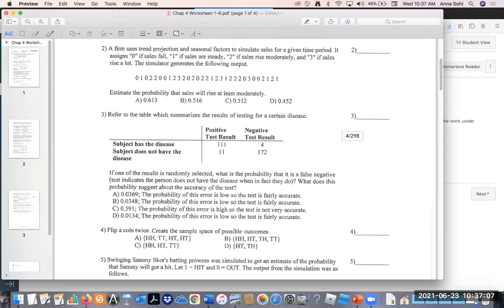So I trust your calculation. So then what is 4 divided by 298? I think that's about 0.0134.